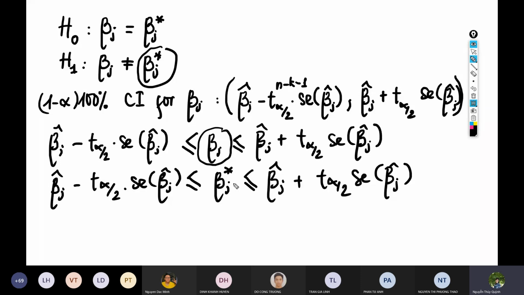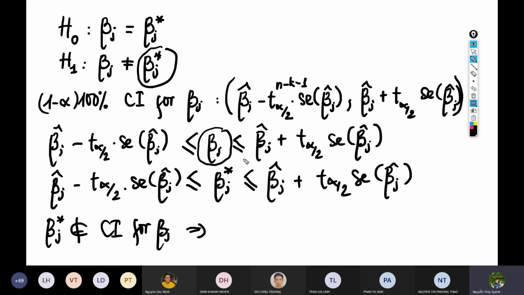if the suspect value beta j star falls into the confidence interval for beta j. But if beta j star does not fall into the confidence interval for beta j, then we can say that beta j star is different from beta j. Beta j falls into this range, but beta j star is not in this range.